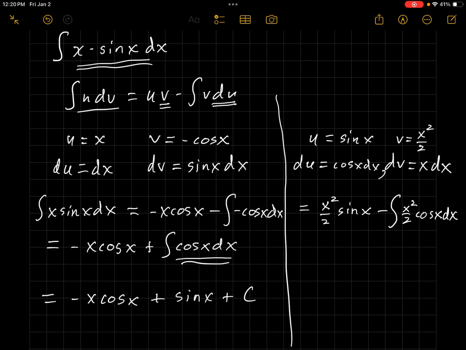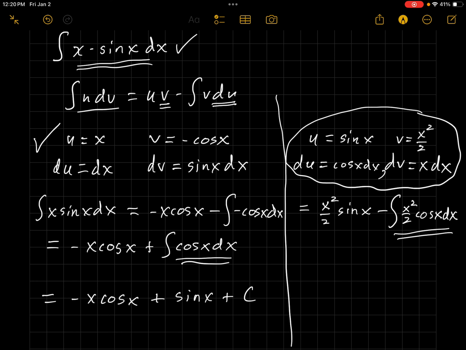But notice that this new integral is arguably more complicated than the original. So it looks like my first choice was the best choice. Experience will tell you what to choose for u, what to choose for dv. And I recommend messing up, because if you mess up a time or two like I did over here, you start to see what you should have done a lot better.